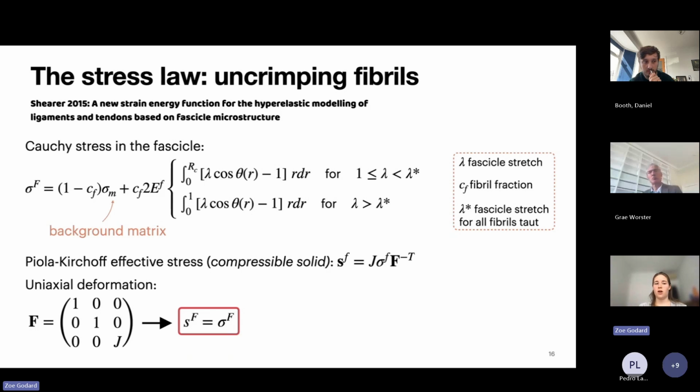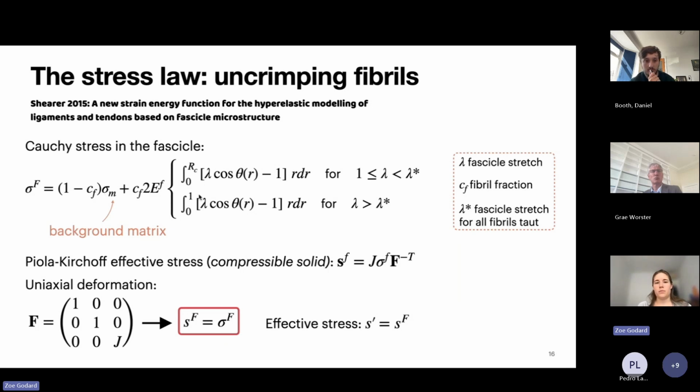So we can convert to a pure stress for the compressible solid. And then for our uniaxial deformation, we just get that the Lagrangian stress is equal to the Cauchy stress. So we can directly use this expression that Shearer provides for our effective stress.